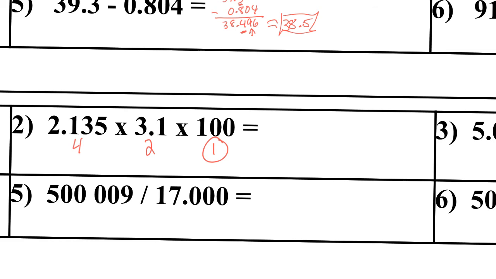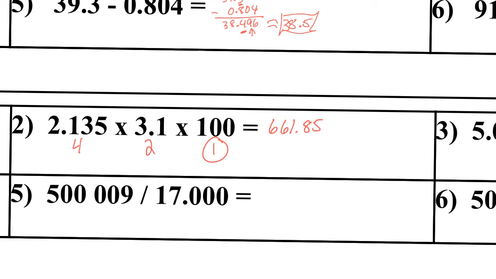So let me put this in the calculator. 2.135 times 3.1 times 100. So the answer I get in the calculator is 661.85. Well, I need to have 1 significant figure.